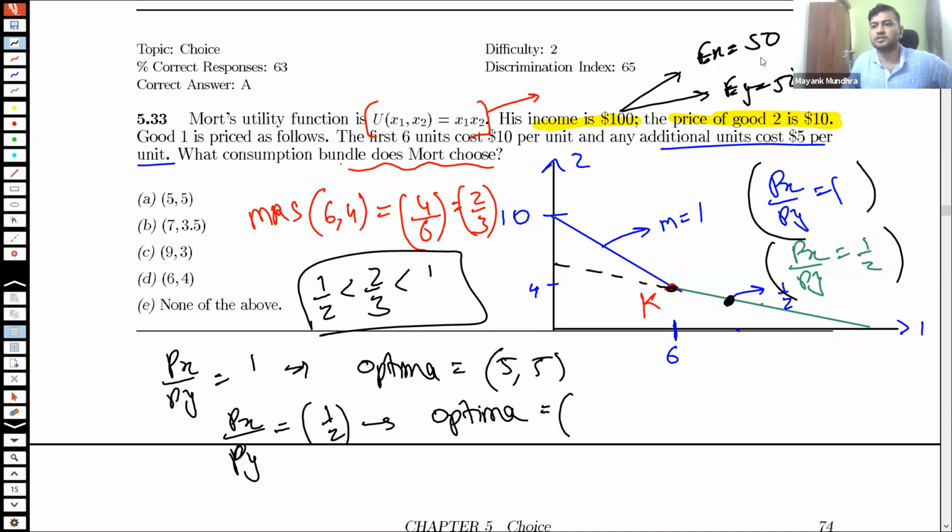So x star is going to be, since price of good x here is 5 rupees at this level, x star is going to be equal to 10 and y star is going to be equal to 5. All right, so if this were the case, then you would be consuming the bundle 10,5.